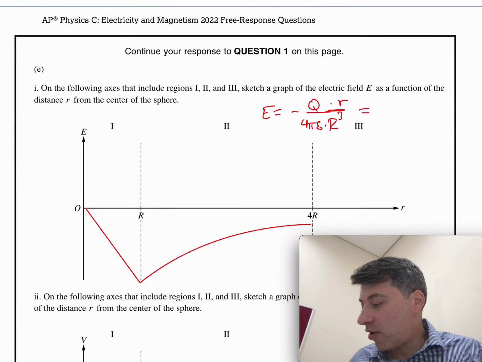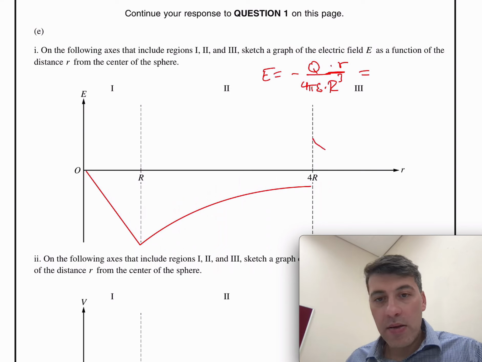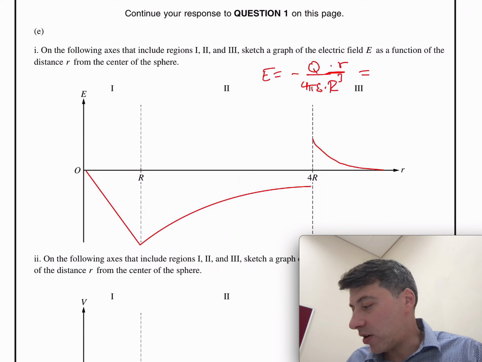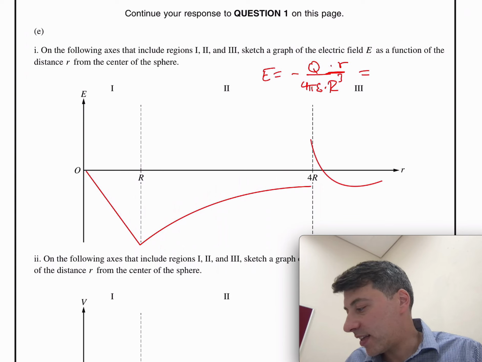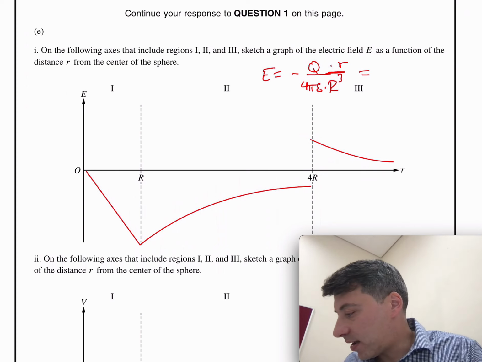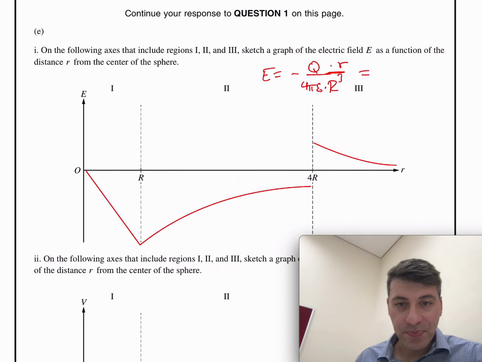We don't know exactly what the value will be, and we don't have the time to calculate it, and again it will be decreasing inversely proportionally to the distance to the power of 2. So again, it is important to show that there is a curve that tends to become 0 at a distance away from the sphere. So somehow like this.